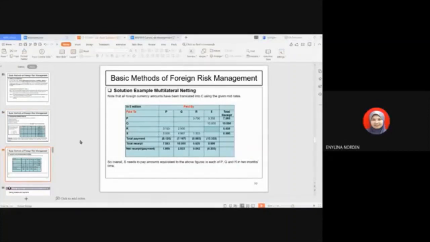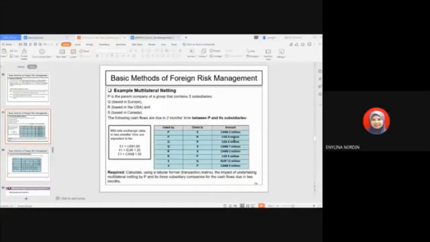P will pay to R, which is US. And how much? 5 million US dollars. Then you divide 5 million by 1.6 to convert into pound. So this is the exchange rate of US against pound. Then how much does the parent pay to the US subsidiary?